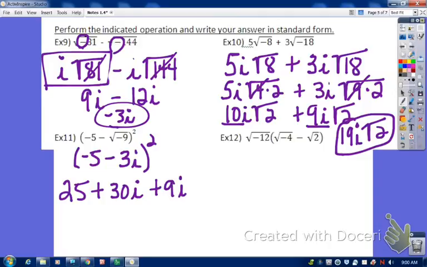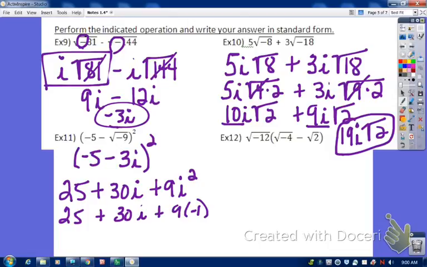Positive 9i squared. Could you skip that step and just do negative 9? That's what I'm hoping that y'all will start to realize. That plus 9i squared will turn into a negative 9. Some of y'all won't be able to skip a step, so I'm going to just show all the steps. Absolutely. If you can start skipping steps and you're not breaking any rules, then you just start skipping steps.